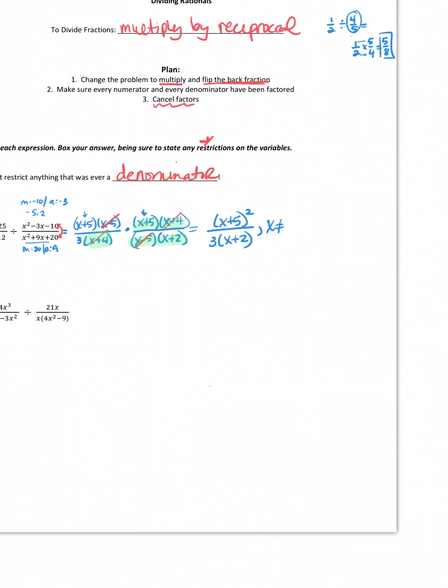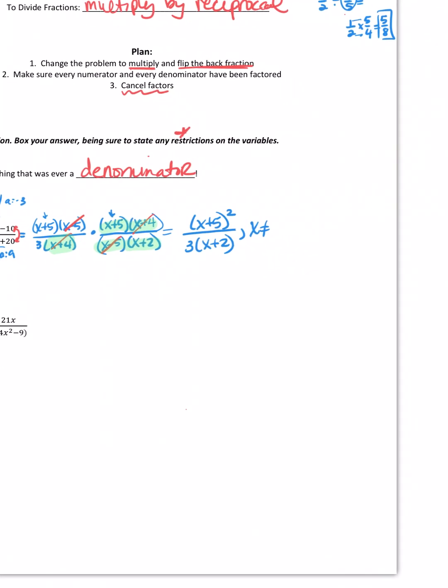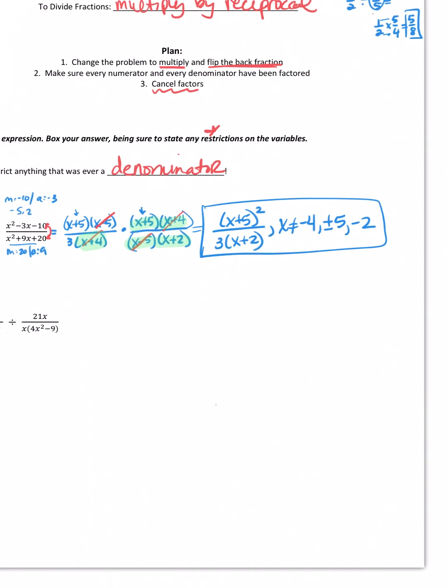We have to consider the top and the bottom of the second fraction. So we're going to have a -4, and then a plus 5 and a minus 5, so positive or -5, and then we'll have a -2. So that's the difference here: flip the fraction, and you're going to have more restrictions.